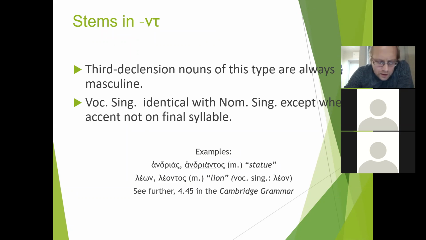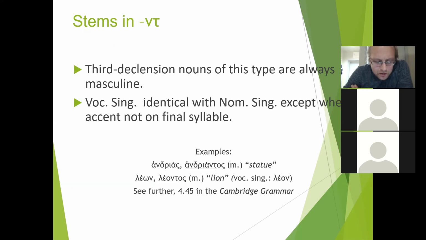So first of all, these are always masculine, and a few other things worth noting about nouns of this type can be observed when considering the examples Andreas, which means statue, and Leon, which means lion. Again, we are best able to detect the stem of the noun by looking at the genitive singular forms, Andriantos and Leontos.